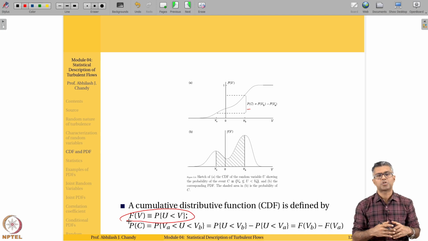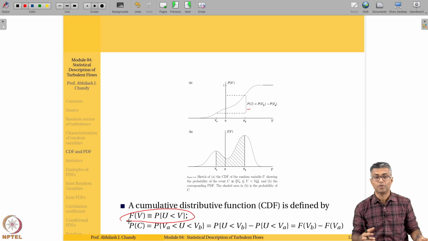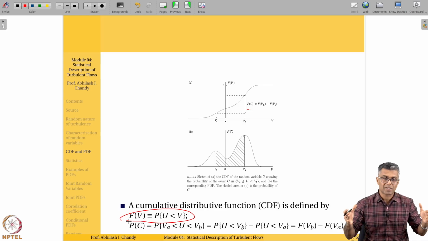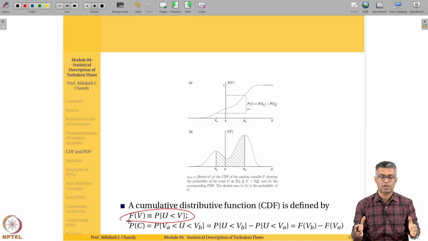My velocities should stay typically, say, within 10 to 50 meters per second at the most, highest value. It could be maybe 100, maybe 200, but definitely not a million or 1,000 even. So your sample space determines what are all possible values that it can take. That's your sample space. Again, capital F is your cumulative distribution function.